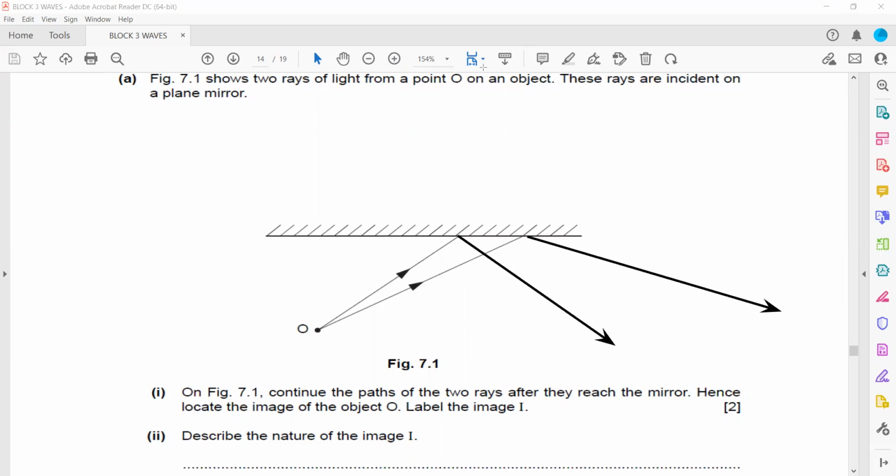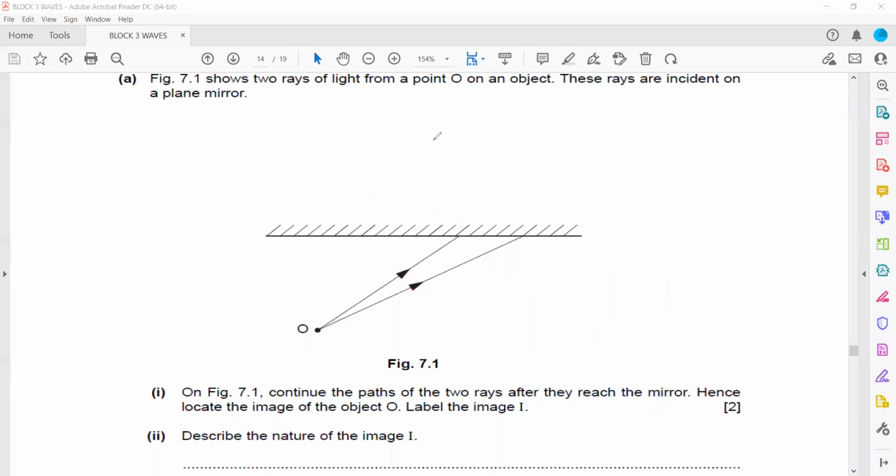When we produce these two light rays backward, this is how the image is formed by a plane mirror, and it is also virtual. The two light rays from the object strike the mirror and bounce back. When we observe, our brain senses that light is coming straight from the object and locates the position of the image.